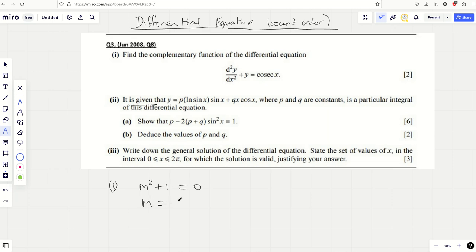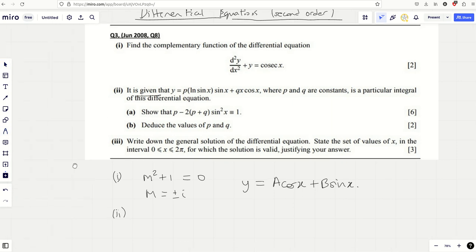So m is plus or minus i, and therefore this is y equals a cos x plus b sin x in this case. That's just because we're putting 1 in front of x there, and the real part would be like e to the px, but that'd be e to the 0, and so you end up with just that. Okay, so nice little start there.